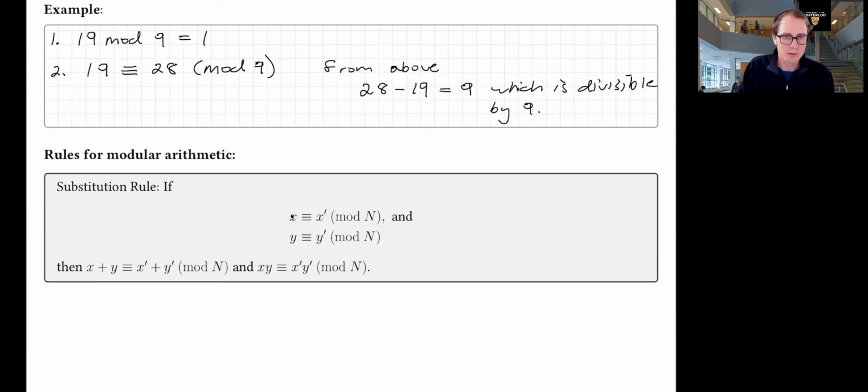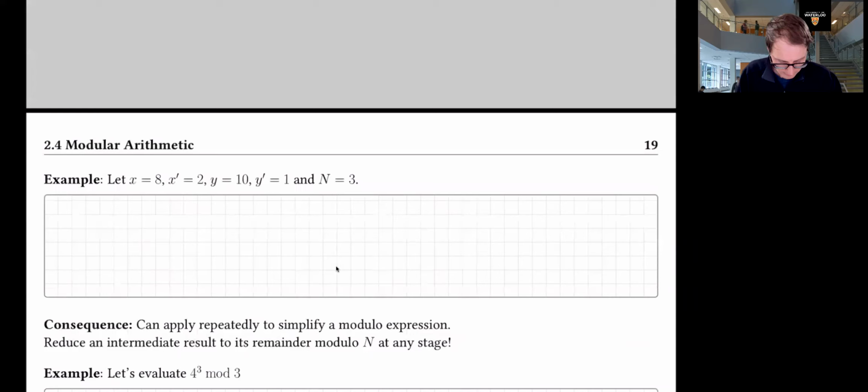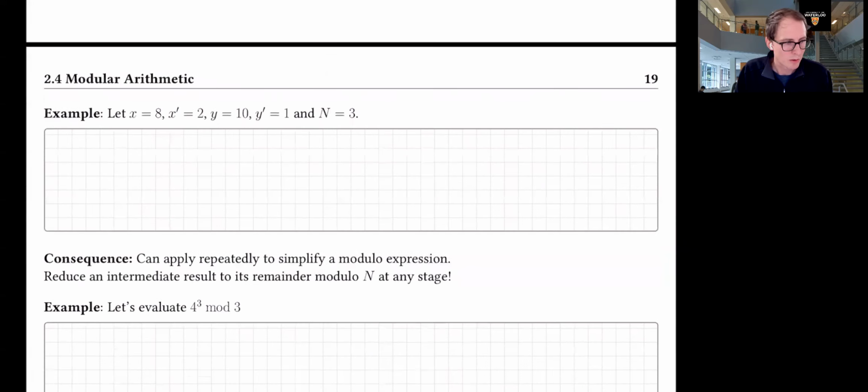So the substitution rule. If I have two numbers, x is equivalent to x prime mod n, and y is equivalent to y prime mod n, then x plus y is equivalent to x prime plus y prime mod n. And also x times y is equivalent to x prime times y prime mod n. So let's take these two examples. X is 8, x prime is 2, y is 10, y prime is 1, and n is 3.